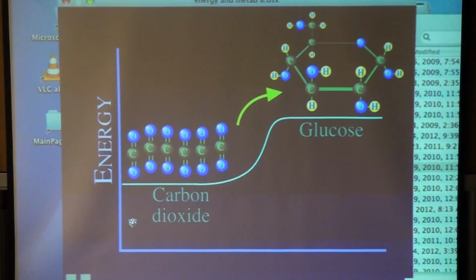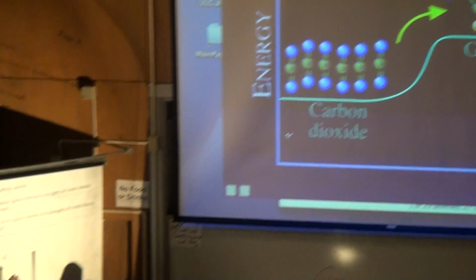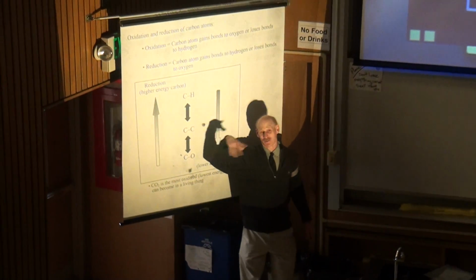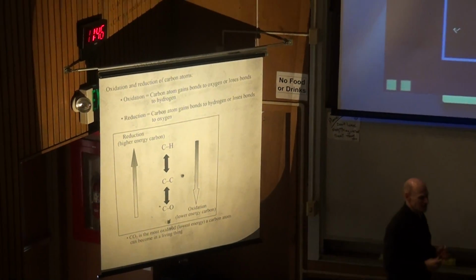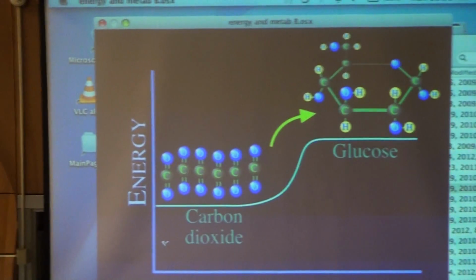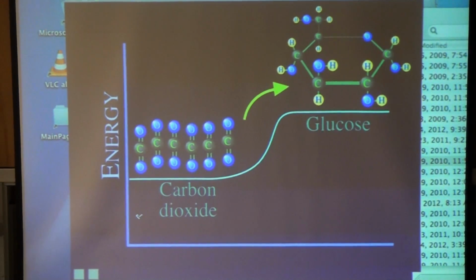So there's that potential energy down here. Now, one of the features of non-spontaneous reactions is, since the molecule going through a non-spontaneous reaction is gaining potential energy, you have to always put energy into a non-spontaneous reaction to make it occur. This is just never going to go automatically on its own.